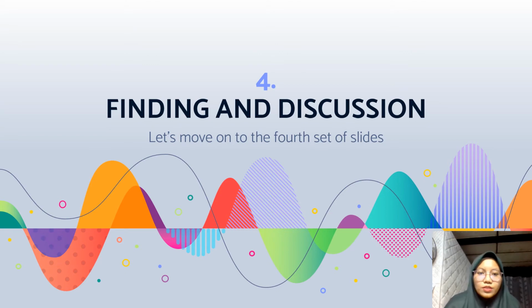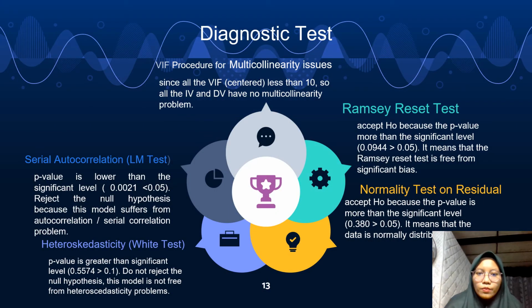So we move on to the next chapter, which is findings and discussion. We have run 5 tests in our research, which are the VIF procedure for multicollinearity issues, Ramsey RESET test, normality test of residual, heteroscedasticity using the White test, and the serial autocorrelation LM test.